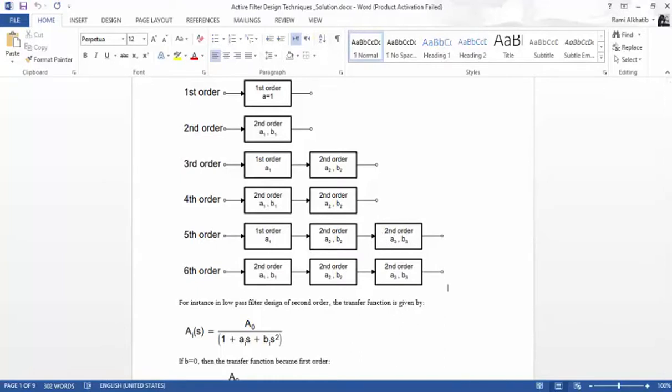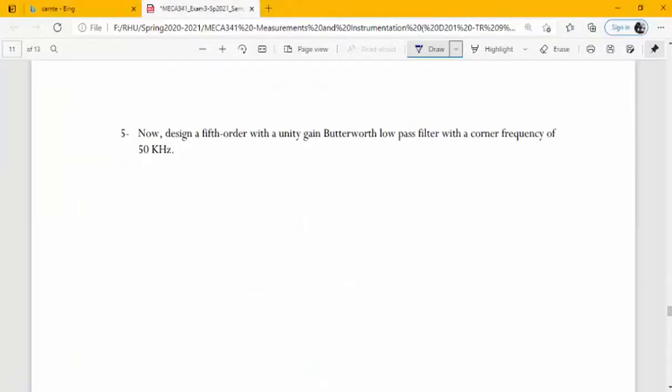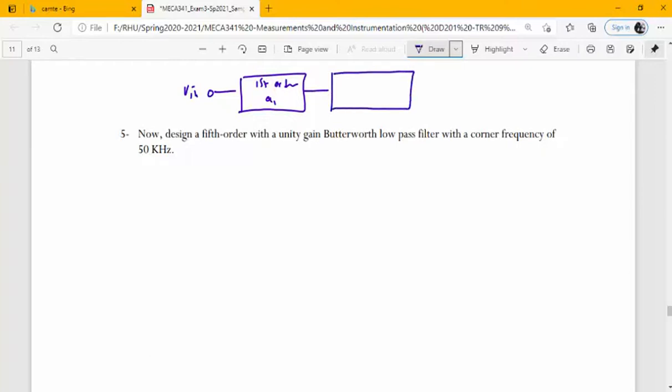Okay, so let me draw it here. We have the input. We need a first order, therefore we need to determine A1, and of course B is equal to 0 in the first order. We have a second order with A2, B2, and we need another second order filter.